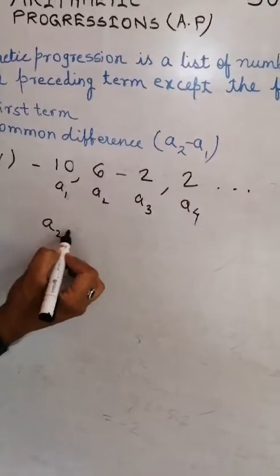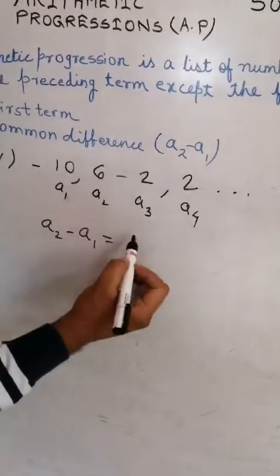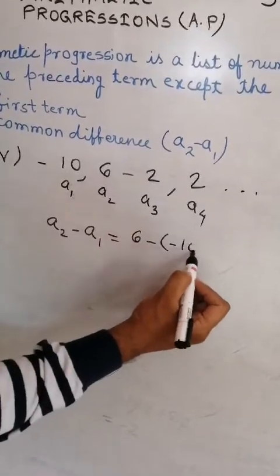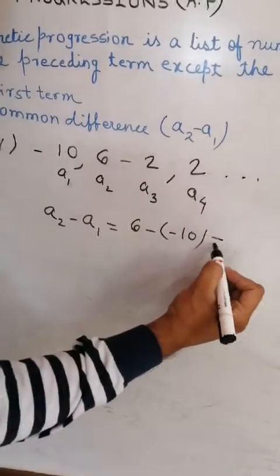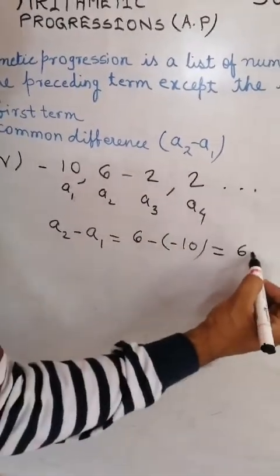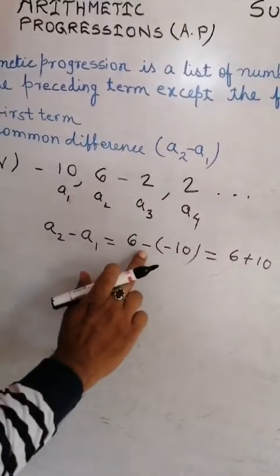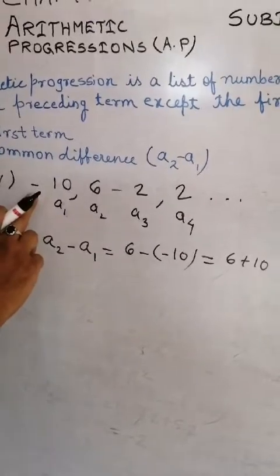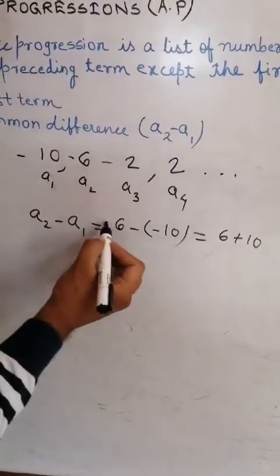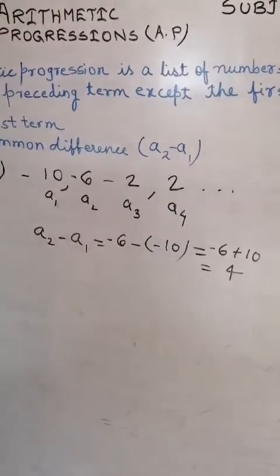Again we will subtract A2 minus A1, minus 6 minus (minus 10). So minus 6 plus 10, the answer will be 4.